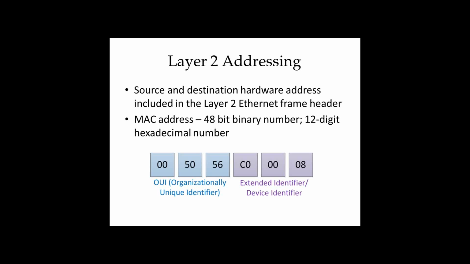Now, the MAC address is a 48-bit number, a 12-digit hexadecimal. I've got a sample one down there. The first 6 digits, or the first 24 bits, represent what we call the OUI, the organizationally unique identifier. Every manufacturer of network devices is given an OUI by the IEEE, and they use that OUI as the first 24 bits of every MAC address that they burn into their network devices.